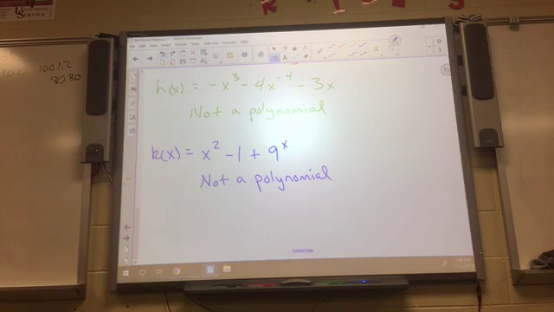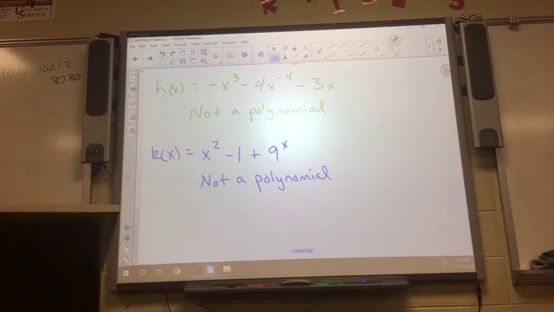Is 1.3 a whole number? 1.3 is not a whole number. Your whole numbers are your counting numbers: 0, 1, 2, 3, 4, 5, 6, 7, and so on. Questions so far? My rule has always been if it looks weird in the exponent, it's probably not a polynomial. It'll stand out.